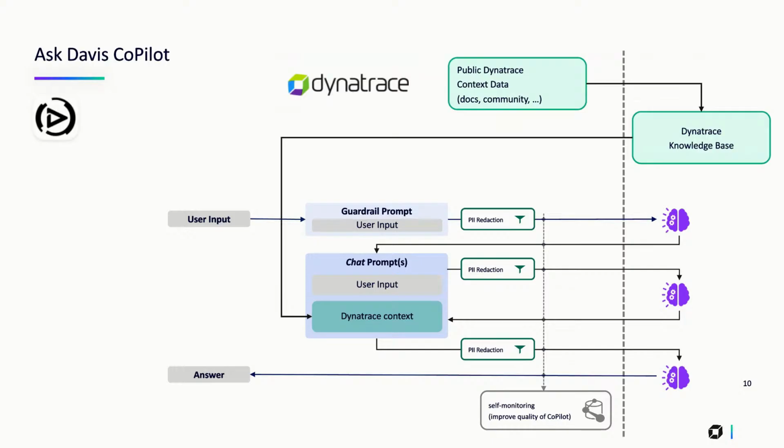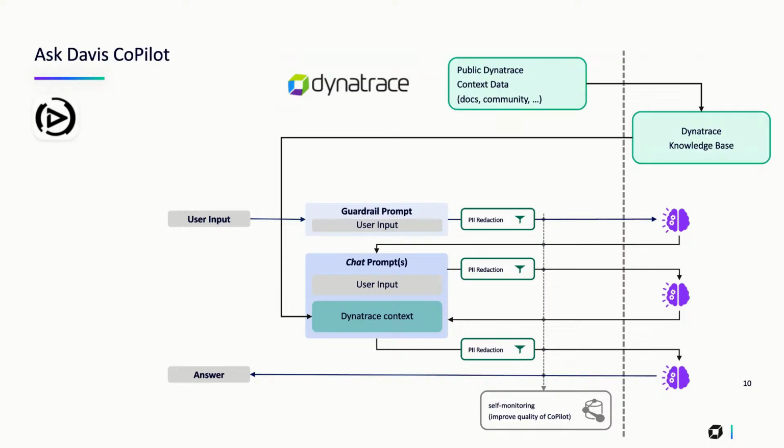Okay, perfect, Thomas. Thank you so much for walking us through the architecture. As somebody who talks to customers a lot, I get this question all the time, which is PII redaction. Are you sending my data into the LLM, and how do you take care of that?